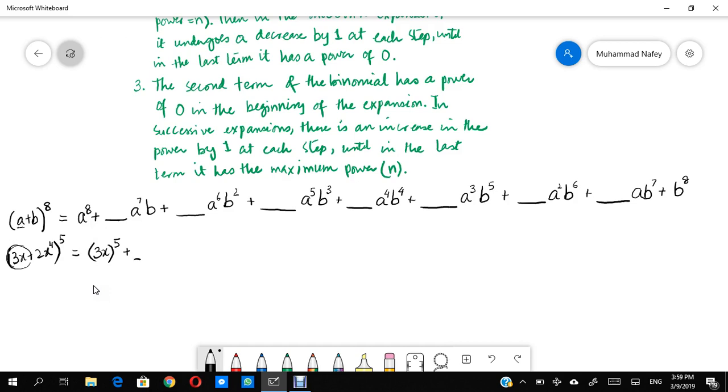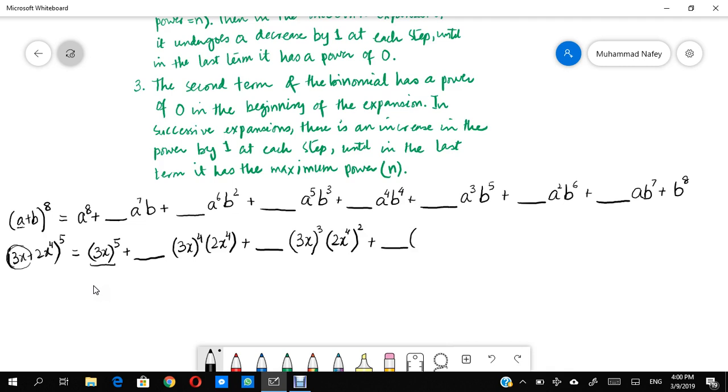Then I'd be having a binomial coefficient. This entire 3x undergoes a decrease in power. So this is 4. And 2x to the power of 4 makes its entrance. Remember, I kept this whole thing in the brackets. Then again, 3x undergoes a decrease, and 2x to the power of 4 gets a power of 2.